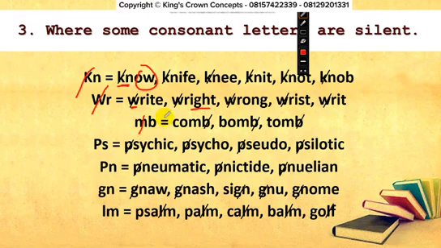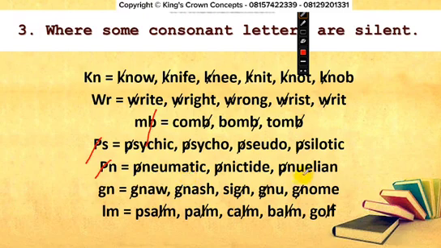So the b, sorry, the b is silent, as in bomb. T is silent, as in psychic, psycho, pseudo. We have pn, where the p is silent. We have pneumatic.